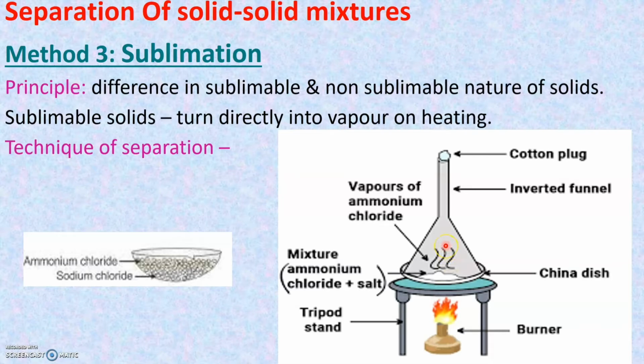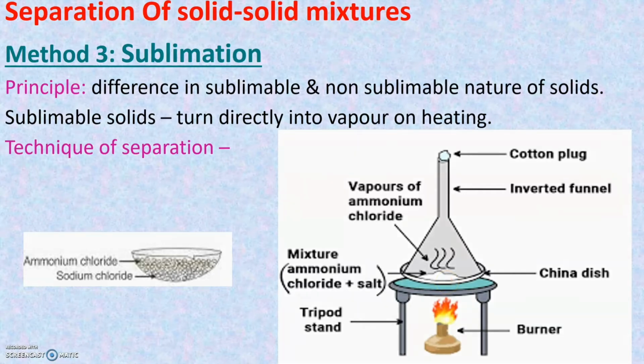And these vapors on cooling will get converted back into the solid again. Now this solid will get stuck to the walls of this funnel. And thus, the sublimable solid can be separated from the non-sublimable solid which will remain in this evaporating dish.